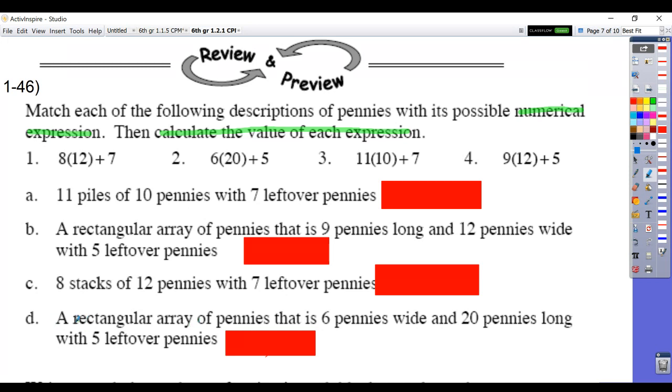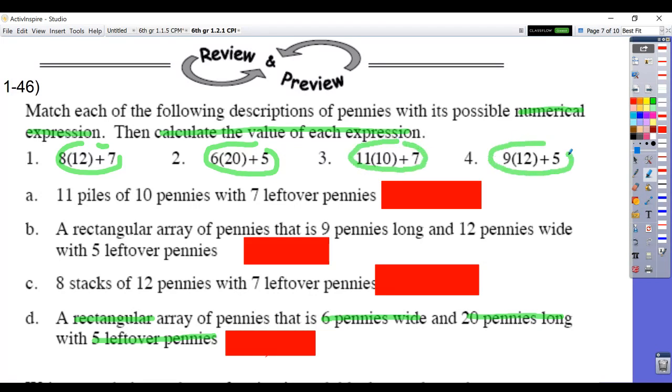So they're saying if pennies were arranged in a rectangle, 6 pennies across and 20 pennies long, and then you had 5 leftover pennies beside it, which of these numerical expressions would seem to match how you would find that value?